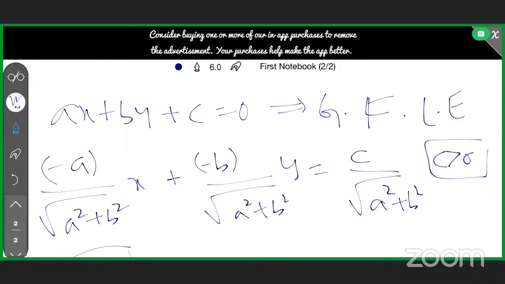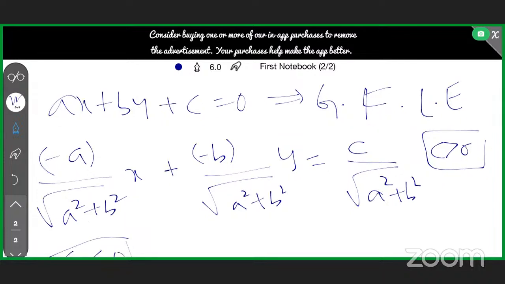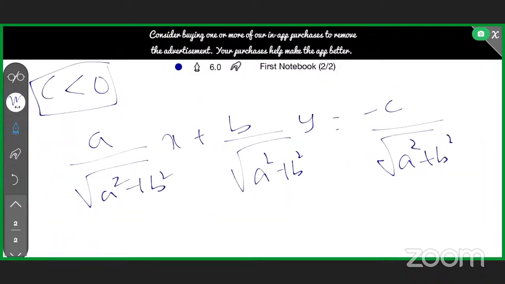By chance, if my c is less than 0, then the same general equation is transformed into normal form in this form: a by root of a square plus b square x plus b by root of a square plus b square into y is equal to minus c by root of a square plus b square.